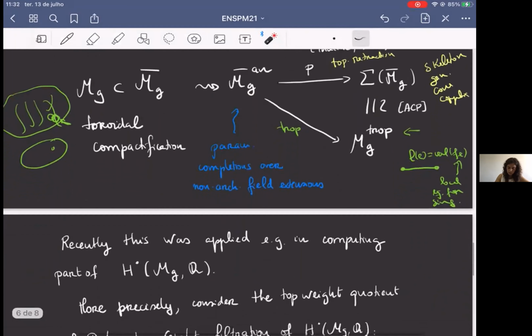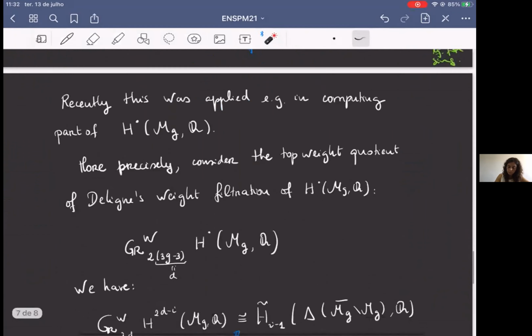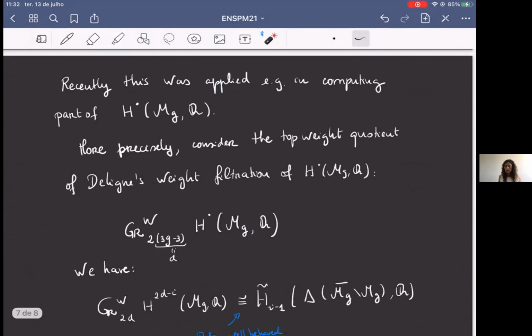So let me tell you one. One situation where this has been applied recently is computing part of the cohomology of Mg itself, not of the compactification. The part of the cohomology of Mg that we can compute is the top weight quotient of the Deligne weight filtration of the rational cohomology of Mg.